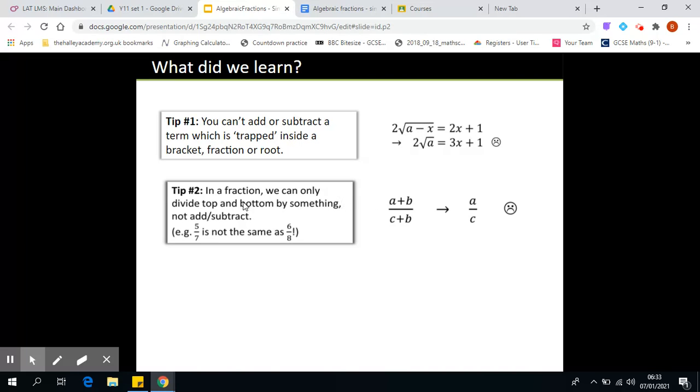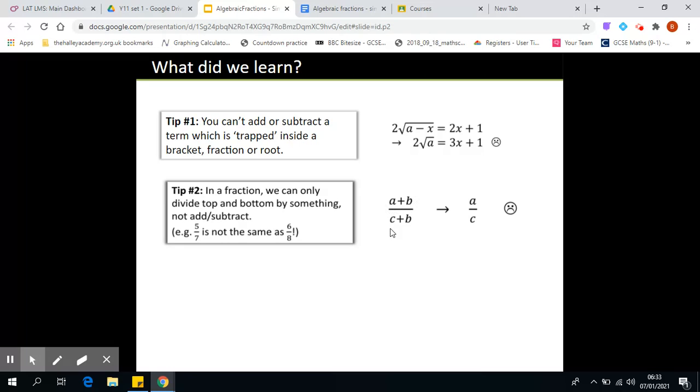Tip 2. In a fraction, we can only divide top and bottom, or the numerator and the denominator, by something, by a factor, and not add or subtract. For example, 5 over 7 is not the same as 6 over 8, because some students could add 1 on both sides.